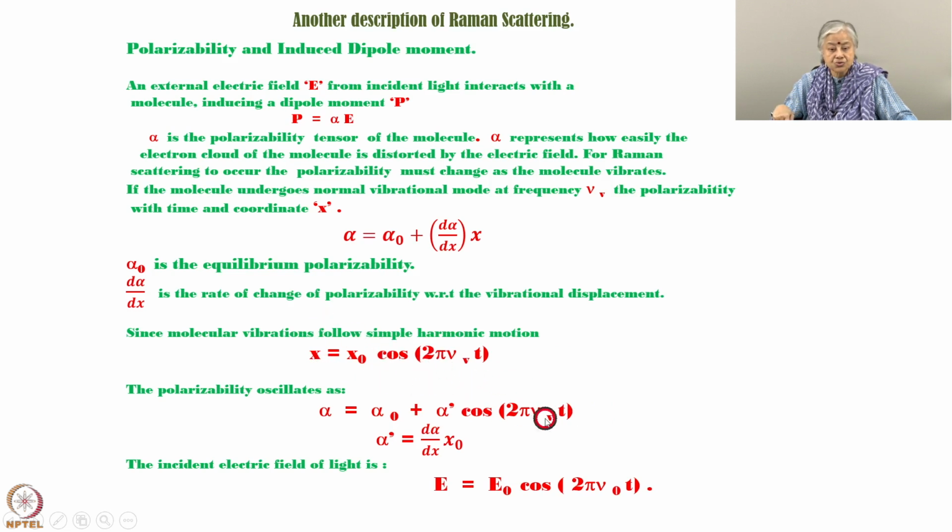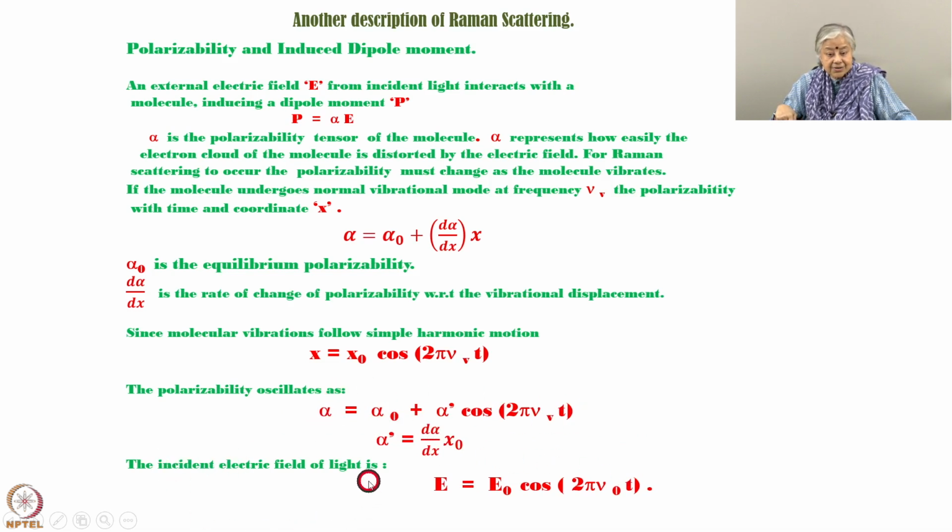This is the solution to the simple harmonic motion. If I substitute this, the polarizability of the oscillator is given by this, where alpha dash is this part. So, the polarizability is also changing over time and over coordinate.